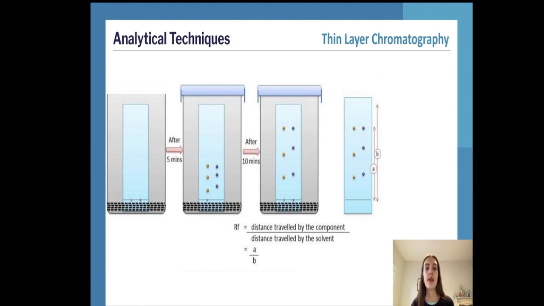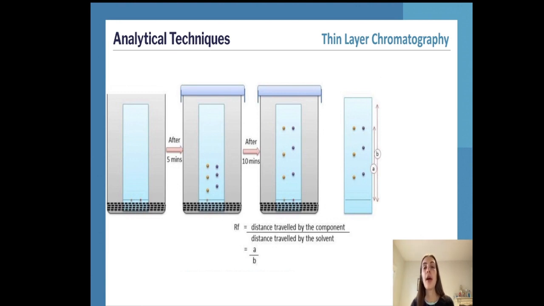If the sample contains multiple different molecules that have different polarities, they'll be separated because they are going to be pulled at different speeds. That's going to be fully dependent on the polarity of the liquid mobile phase.